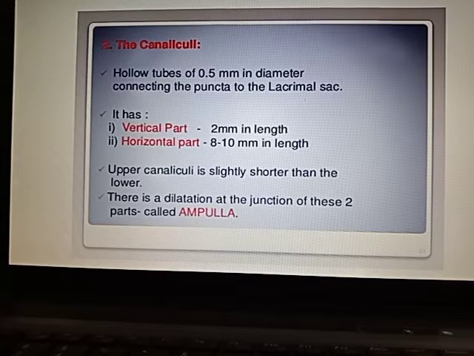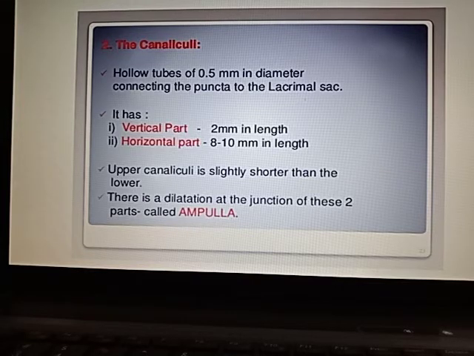And there is a dilatation at the junction of these two parts, where the two canaliculi join, and it is known as the ampulla. These two canaliculi join and form a common trunk.